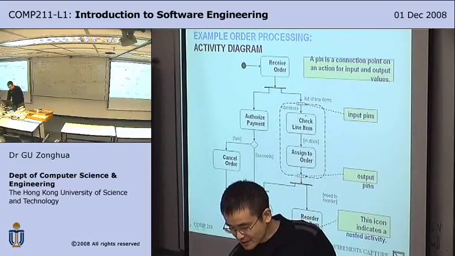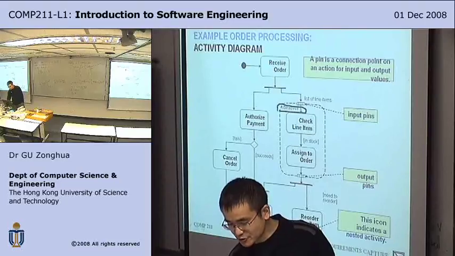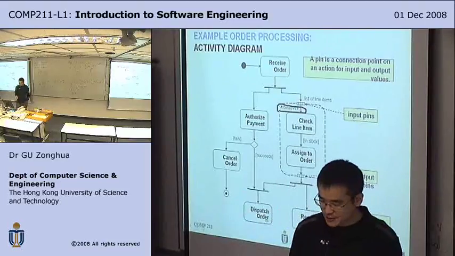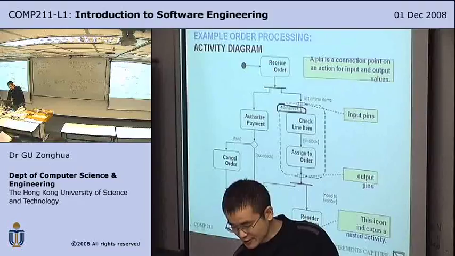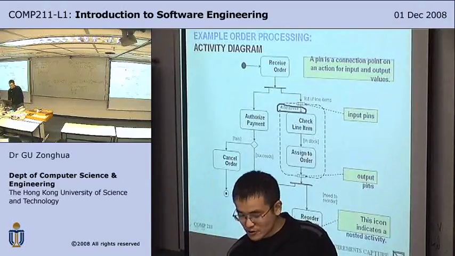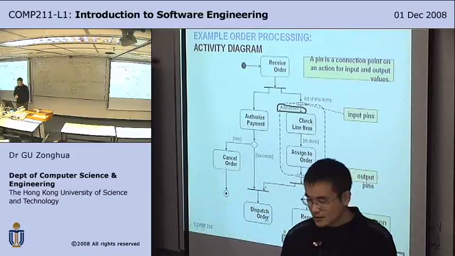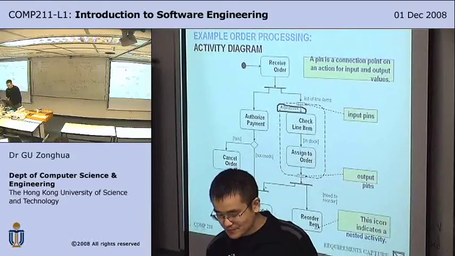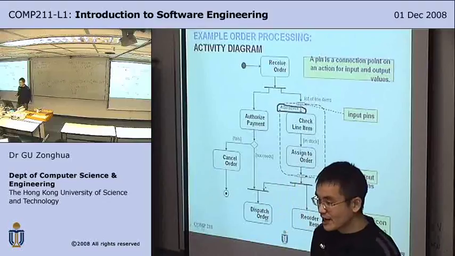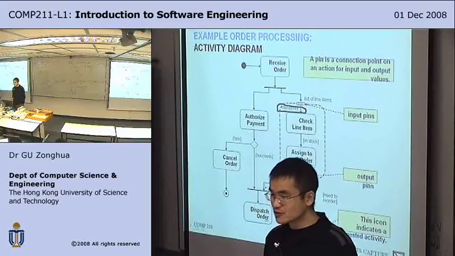You have iterative, which means that you do these things iteratively until you run out of line items. And you have fork and join as well. Notice that this is for the overall business flow, which may involve many objects, while a state machine is only for a single object.